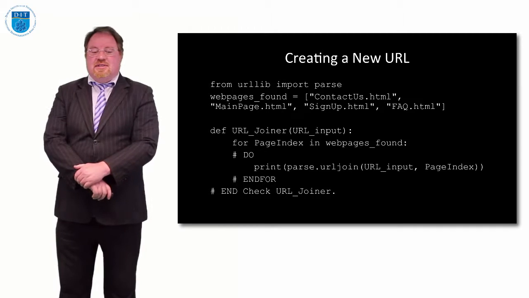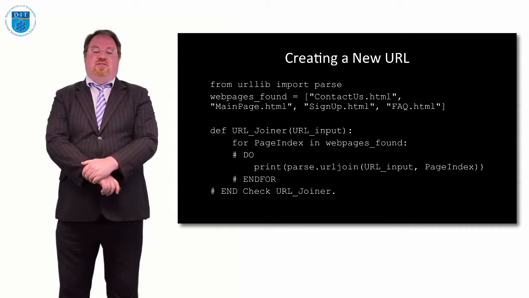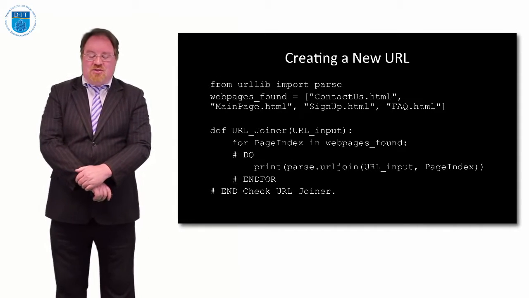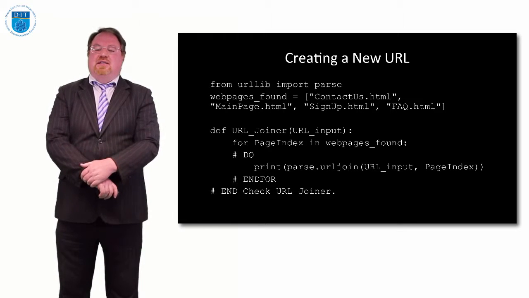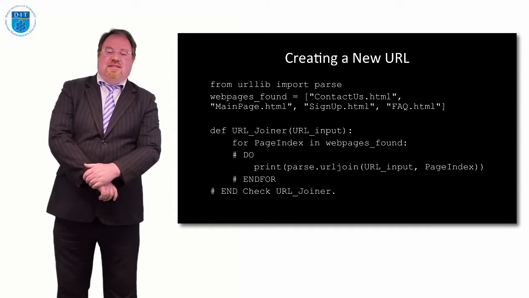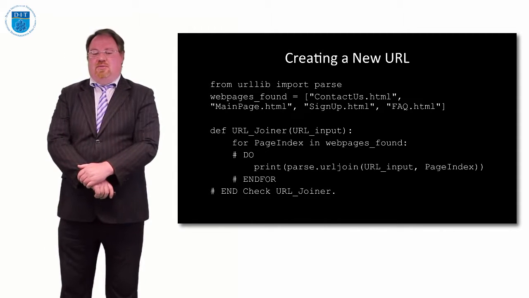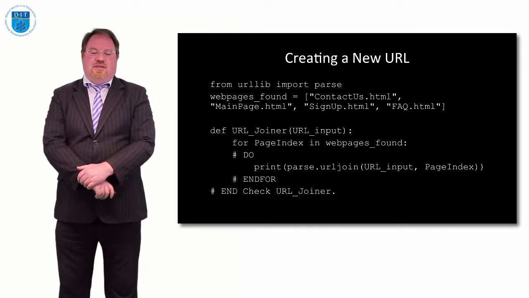If we pass a web page name into urljoin, it's going to take that web page name and join contact us, main page, sign up, and FAQ onto that address we pass into the urljoin method. So have a run of that and see how it works.